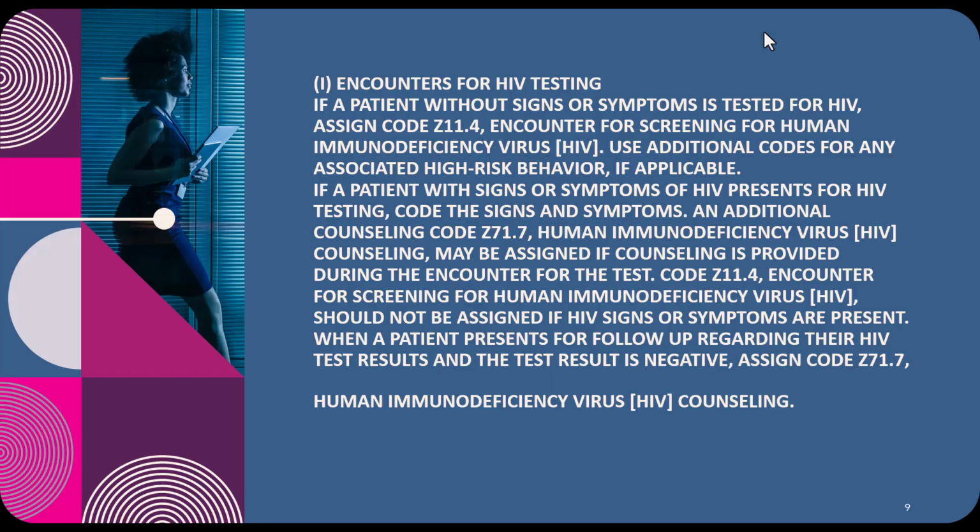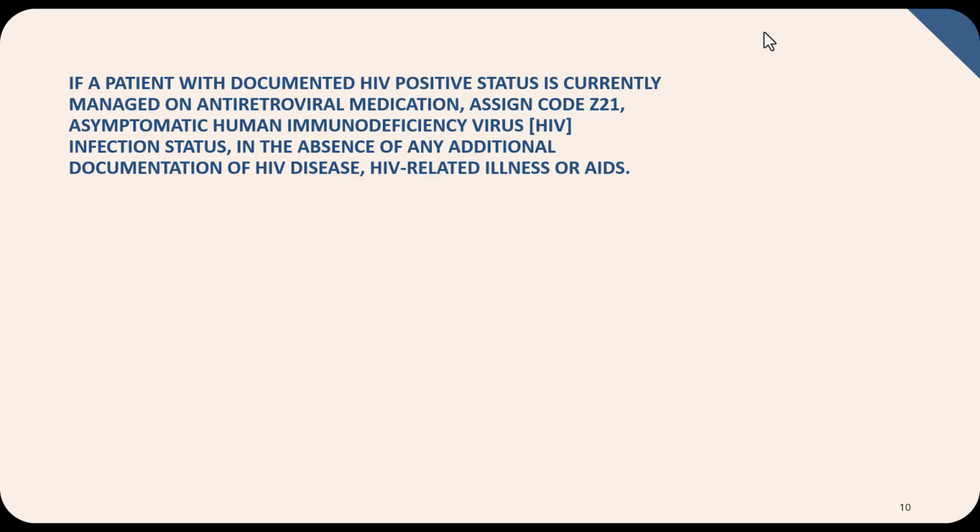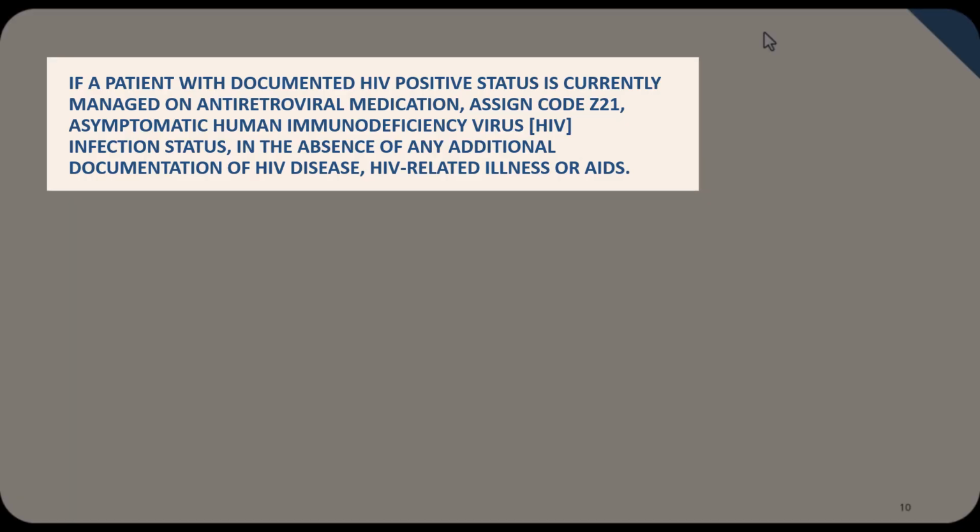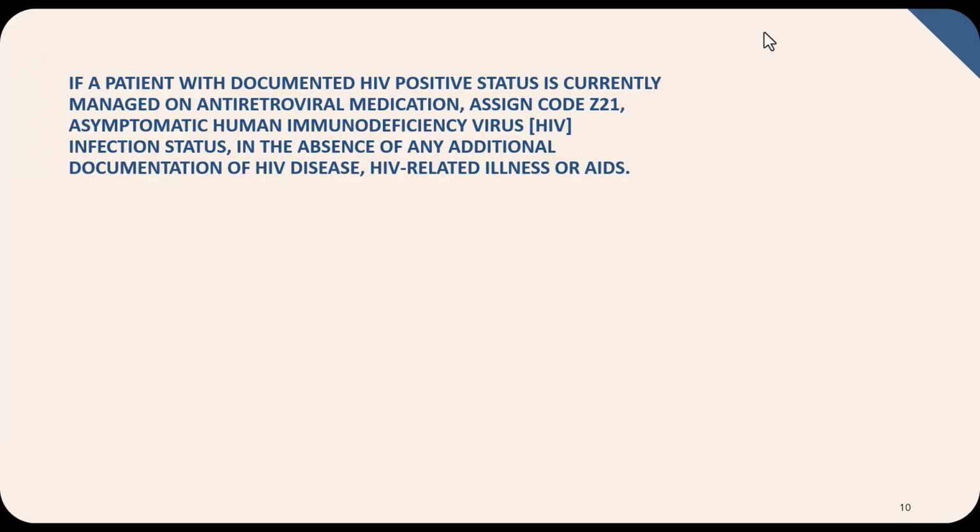So if a person comes in and the test is negative, you can assign Z71.7. If a patient has positive HIV status but is being managed by medications, you would assign Z21, asymptomatic HIV infection status, because you don't have honestly anything else that could possibly work in this instance.